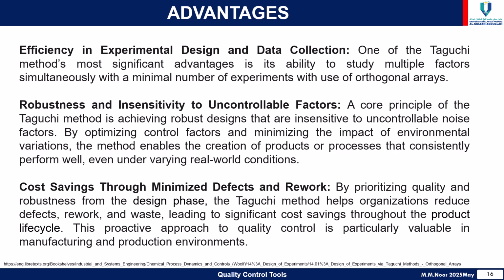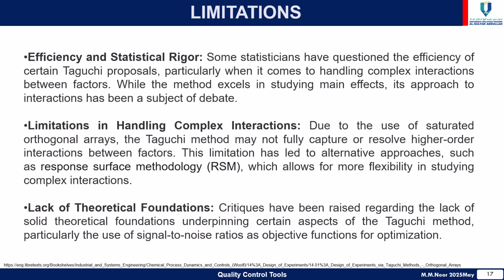Okay. So next we go to the limitations. The first one is efficiency and statistical rigor. Some statisticians have questioned the efficiency of certain Taguchi proposals, particularly when it comes to handling complex interactions between factors. While the method excels in studying main effects, its approach to interaction has been subject to debate.